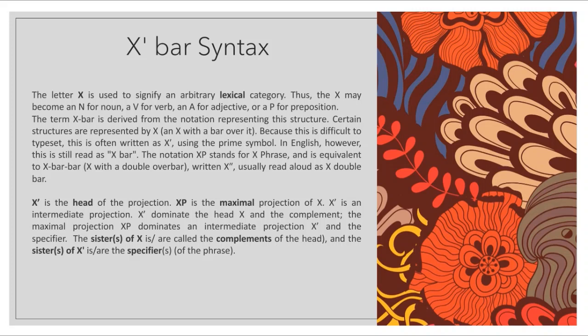In English, however, this is still read as X bar. The notation XP stands for X phrase and is equivalent to X double bar, X with a double bar over it, meaning two bars, as you can see here, usually read aloud as X double bar.